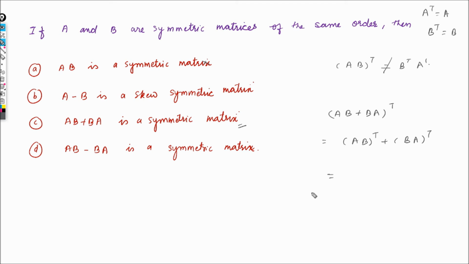So this is equal to transpose of B into transpose of A plus transpose of A into transpose of B. By the reversal law of transpose, this is BA plus AB. So here, if we take the transpose of this matrix, we get the same matrix. Therefore, we know that transpose of A equal to A means the given matrix is symmetric.